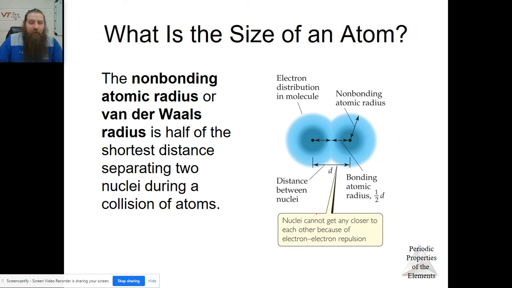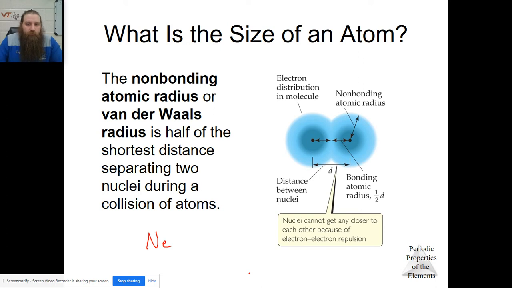Now, last year, we said if you want to know how far two atoms are apart, if you want to find their atomic radii, you find two hydrogen atoms, because hydrogen we know is a dimer, and we take the distance between their two middles and we halve it, 1/2 d. And that's great. And nobody asked any questions because they're like, oh, yeah, that makes sense. If you don't form dimers, like, let's say I want to figure out how big neon is, well, neon isn't going to form a dimer with neon.